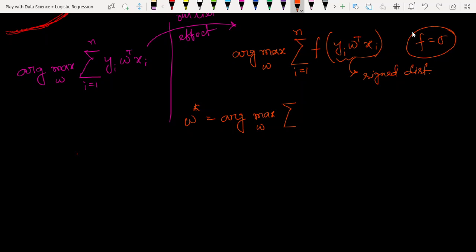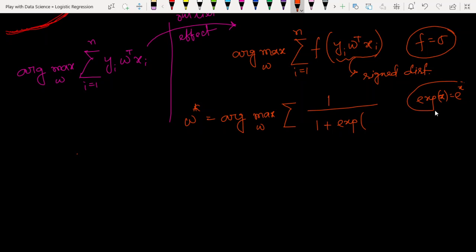So the summation of 1 plus 1 by exp, where exp(x) means e to the power x.